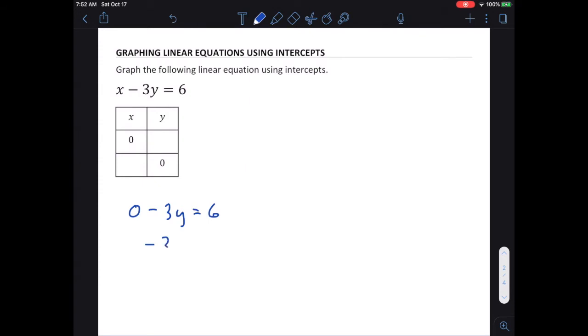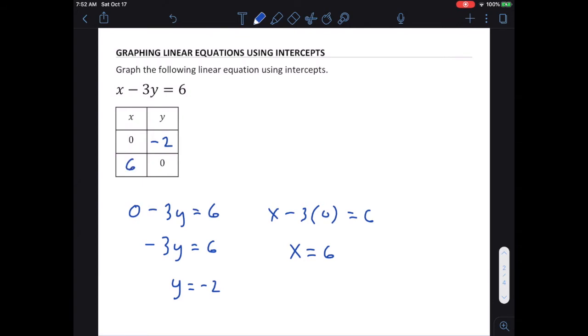We have negative 3y equals 6, and when we divide by negative 3, we end up with y is negative 2. So we can put a negative 2 in our table. And similarly, when y is 0, we have x minus 3 times 0 equals 6. That minus 3 times 0 disappears, so we end up with x is equal to 6.